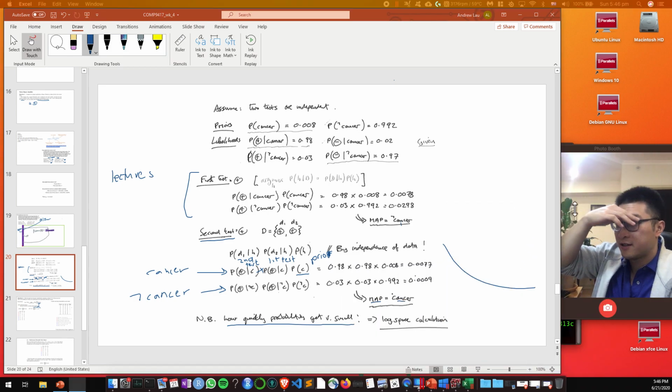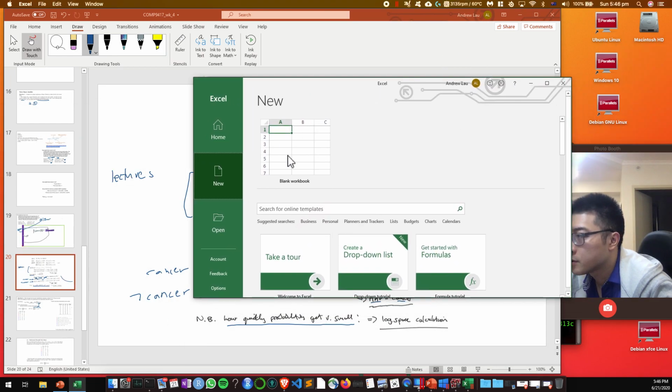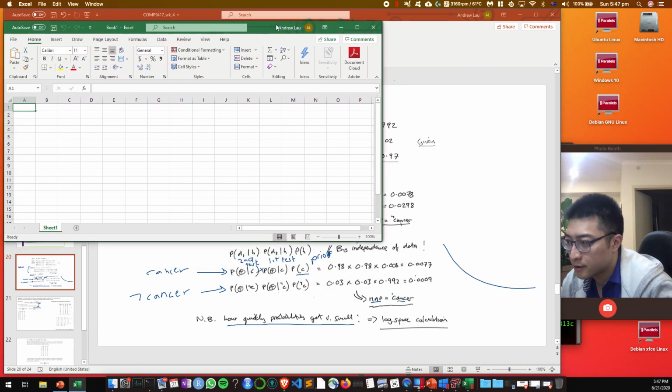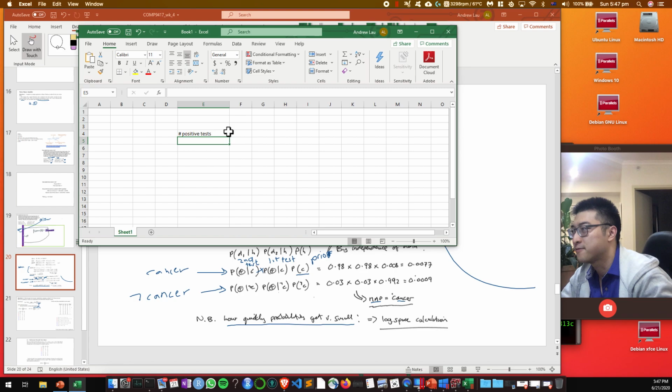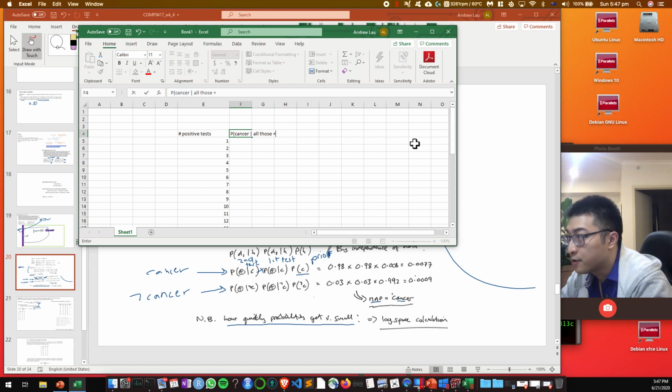Let's actually plot it. Let's pull up our good friend Excel. So let's say this is number of positive tests. And then this is the probability of, say, cancer, given all those positive tests.